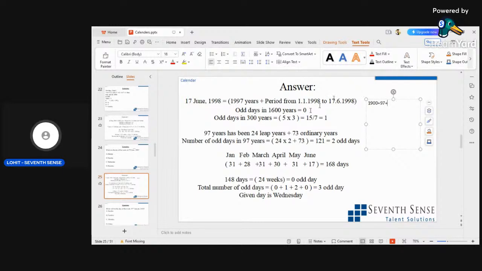You just tell me this answer, because previously you have tried this, so you have got some correct answers also. The rest of this I will show you. You just need to tell me, for 1998 in that year itself, how much will be the answer? At least tell me this one. Come on, guys, fast. At least I need this one.